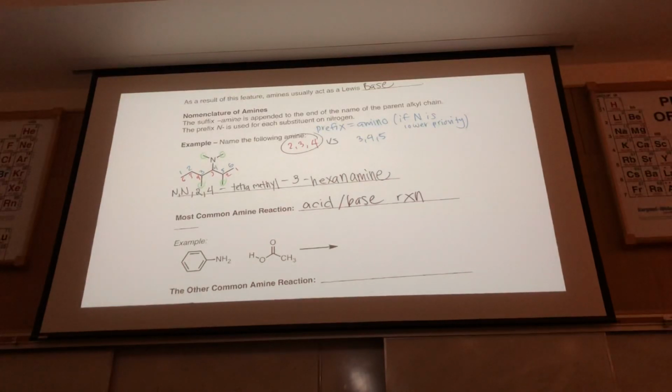You always find this, for example, in aniline, the amine with benzene attached, a very common one. You probably saw that common name a lot in your aromatic chapter. Aniline is a well-known organic base. If it's in the presence of an acid, and acetic acid is an acid, then we simply have an acid-base reaction.